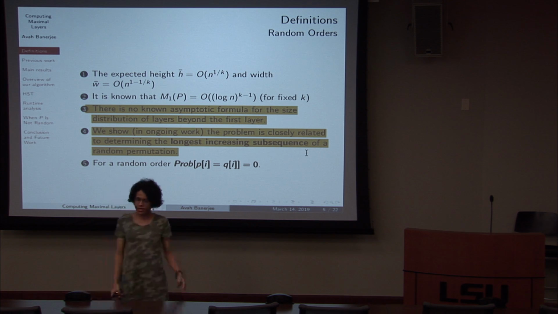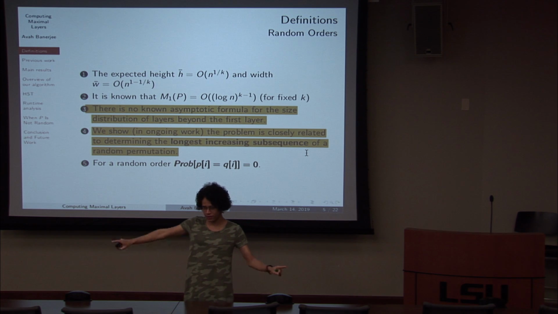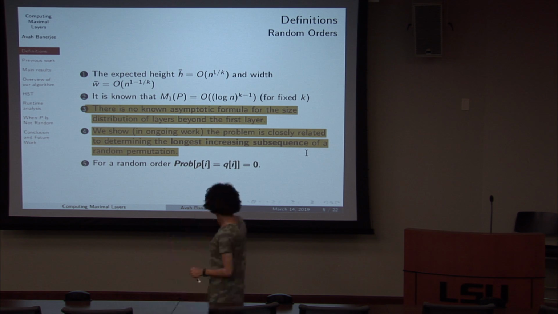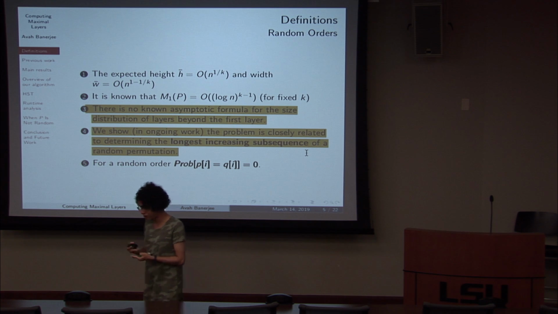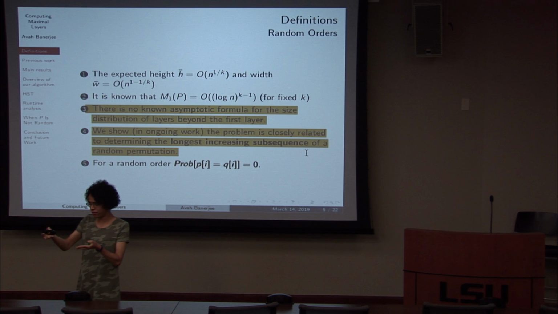If k is 1, it's just a one-dimensional line, there should be just 1 point. That's the maximum. But if k is 2, this equation says that approximately log n points are going to be your first Pareto front, the first layer. So it grows quite substantially as the number of dimensions grows.